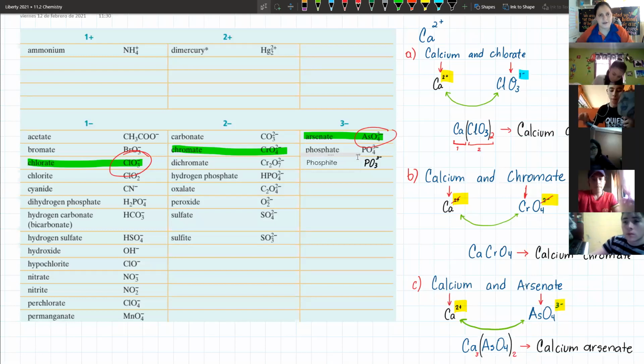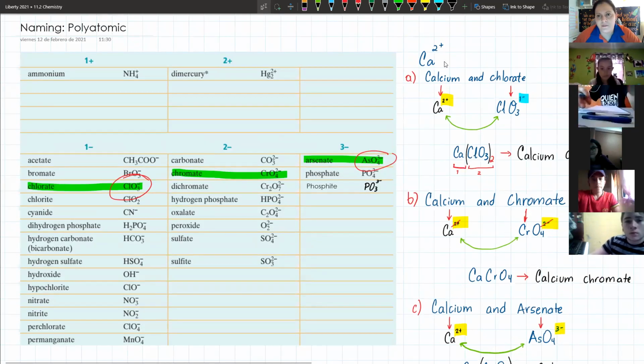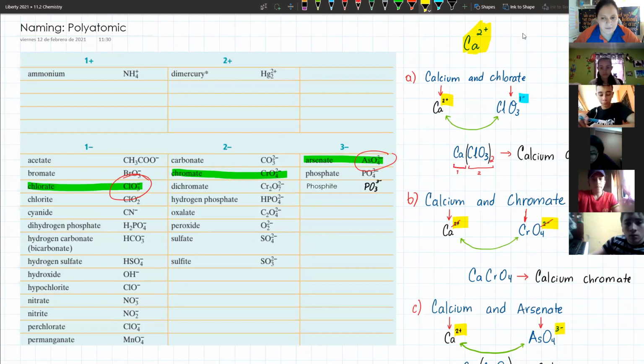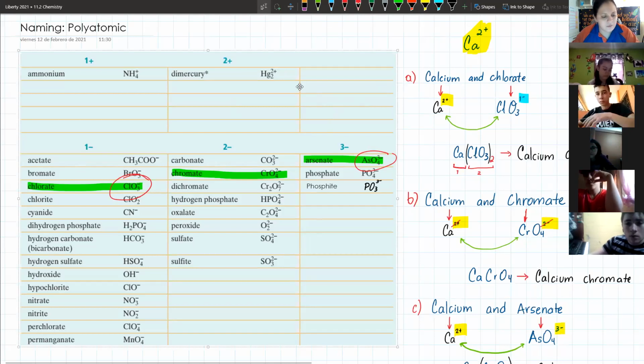Okay. Now, this is very simple because we were working just with calcium. Remember, calcium is quite easy to work with, but still, those are good examples. Now I'm going to try more examples, but instead of calcium, I will be using 2 polyatomic ions. So I'm going to copy this table.